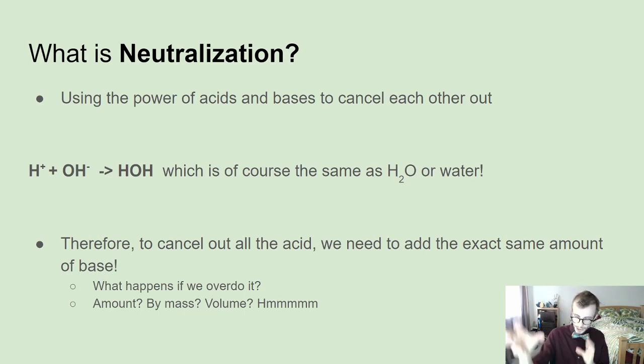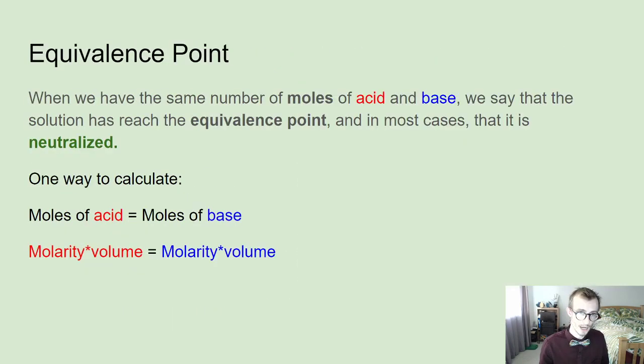But if I can get just the right balance, then it all kind of evens out. So when we have the same number of moles of acid and base, we call that the equivalence point. So not equilibrium, which maybe you studied before. This is equivalence, and we're really talking about an equality between the moles of acid and the moles of base.